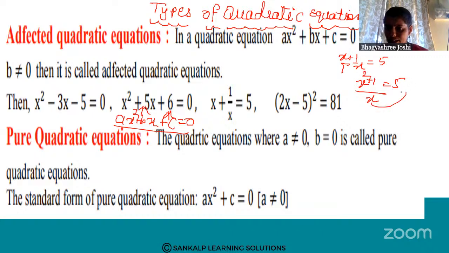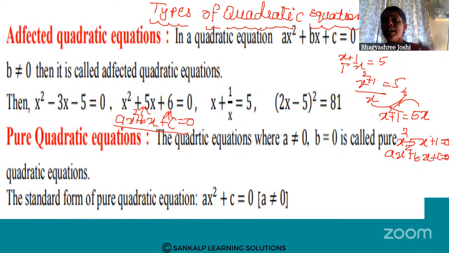If you transfer x to this side, x square plus 1 is equal to 5x. If you transfer 5x to this side, x square minus 5x plus 1 equal to 0. Now it is in the form ax square plus bx plus c equal to 0. Right? So it is also a quadratic equation. And which type of quadratic equation it is? It is affected quadratic equation, right?